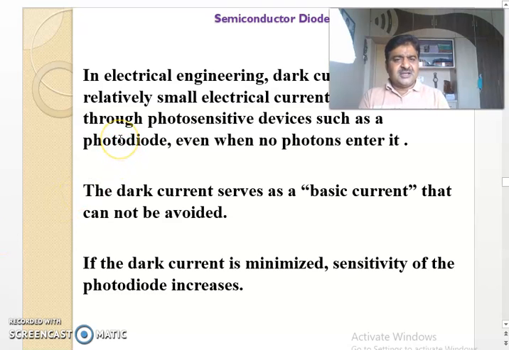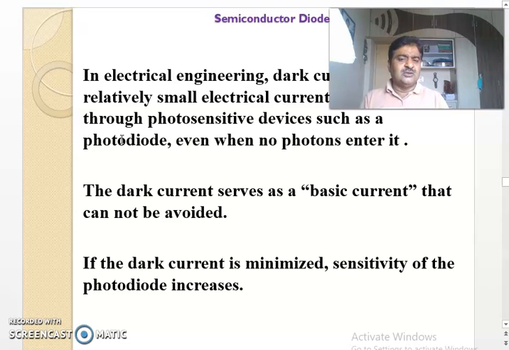Further, in electrical engineering, dark current is the relatively small electric current that flows through photosensitive devices such as a photodiode, even when no photons enter it. Whenever no photons are incident, there is still a flow of current, that is dark current.